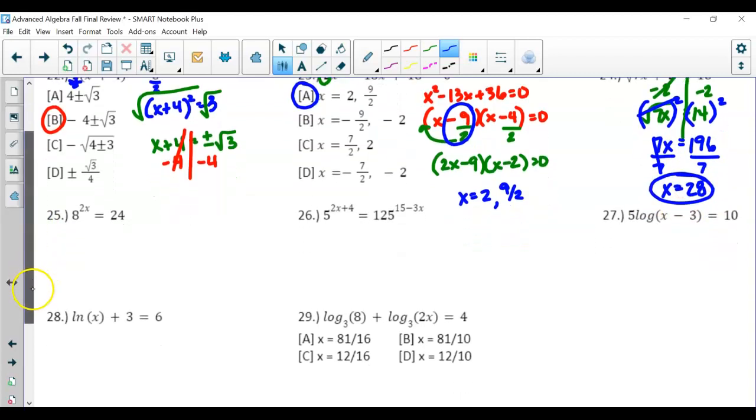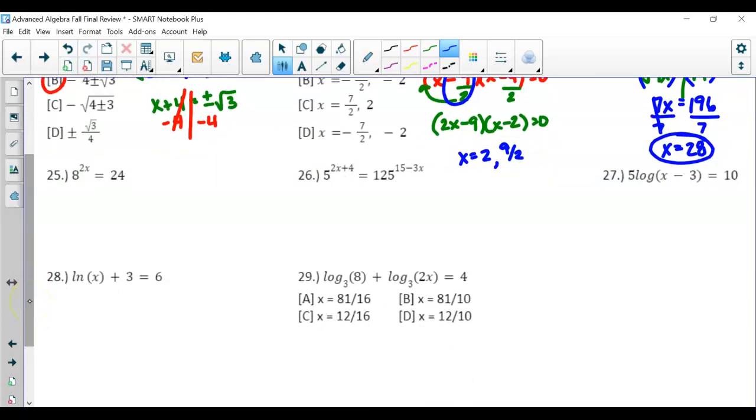So now 25. Here again, you can solve this exponential algebraically or graph this in Desmos. So how about this? We could show how this would look in Desmos, right? So here, make sure that you would graph the left side, so 8 to the 2x, but see how you have the 24 here? You would then have to make sure to put not just 24, but y is equal to 24.